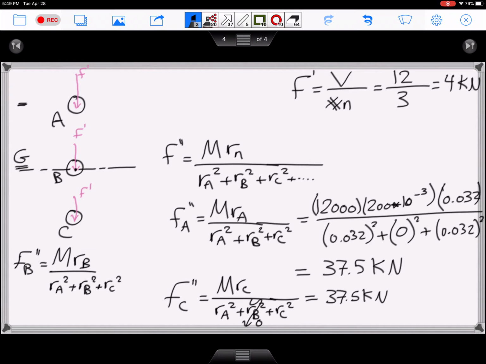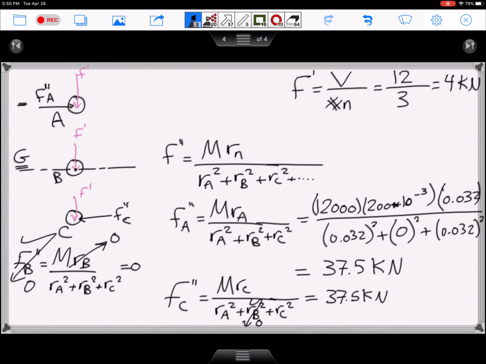We said RB is 0 because there is no distance between the centroid of the group of bolts and bolt B. So this whole thing is 0, and bolt B will not experience a secondary shear. If you draw the forces, remember we drew F prime downward. FA will be in this direction, there is no F double prime B, it's 0, and F double prime C is in this direction.